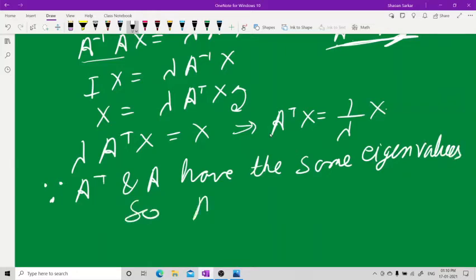So Ax is equal to 1 upon lambda x. This is the reason.